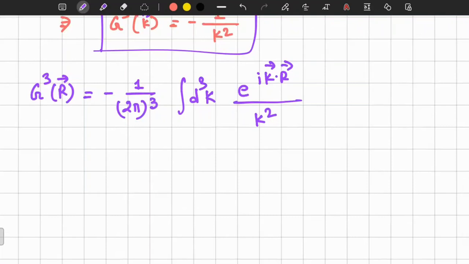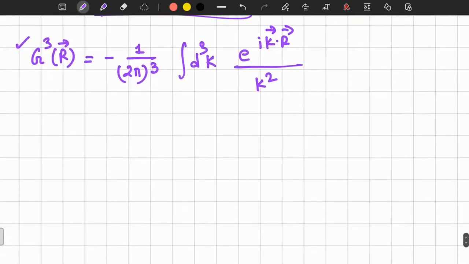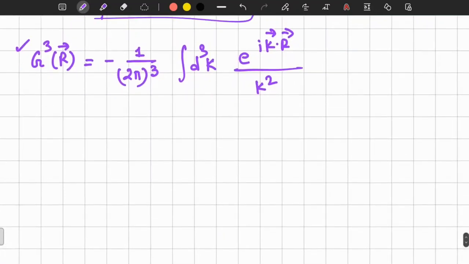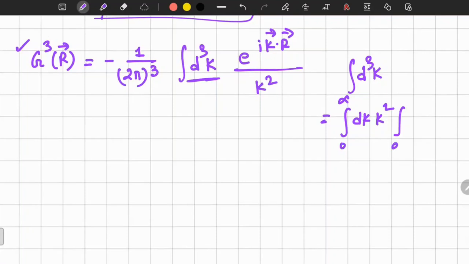If we solve this integral, then easily we have the Green function and we can evaluate the form of our function. Yes. So we have to solve this integral. So now here this is 3 dimensions. What does our d3k mean? Actually this is dk k square from 0 to infinity, 0 to 2 pi d phi and 0 to pi sine theta d theta, right? So this is our volume element if we integrate in 3 dimensions.